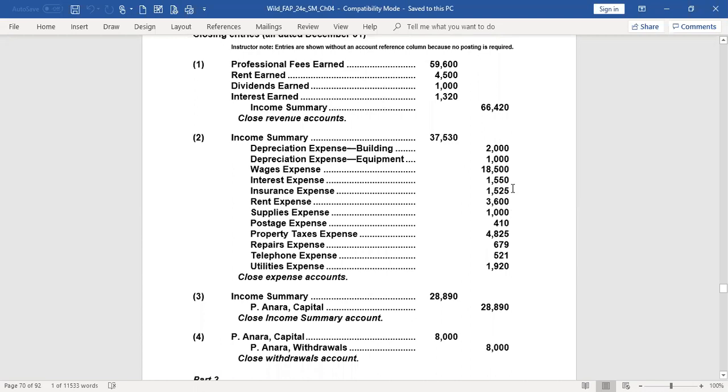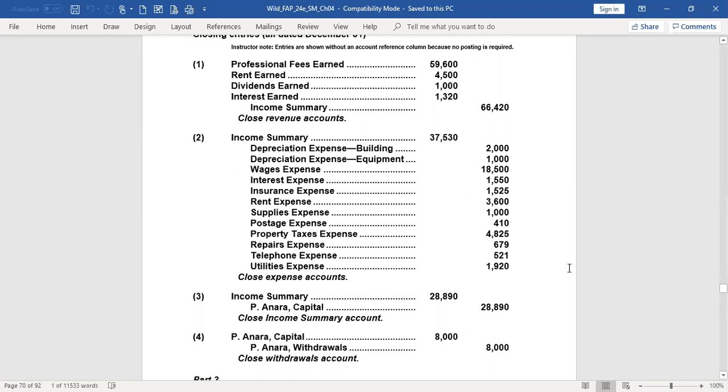Okay, so then if we were asked to do a post-closing trial balance, which this doesn't, but if we were, the only accounts we would see on it are the assets, liabilities, and the capital account with its new balance of $113,690. The only real purpose of doing a post-closing trial balance is for a manual accounting system to verify that debits equal credits in the general ledger before you start that next accounting year. Because if you start that next accounting year without those equaling, holy Hannah, you're going to have problems because you're not going to know why your debits don't equal credits.